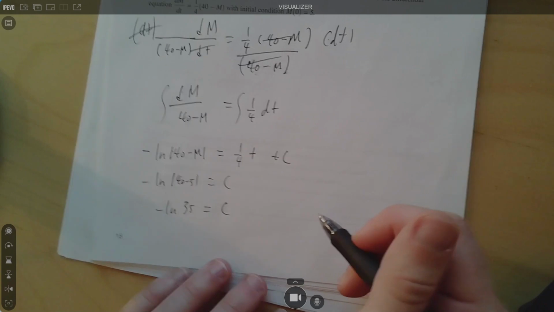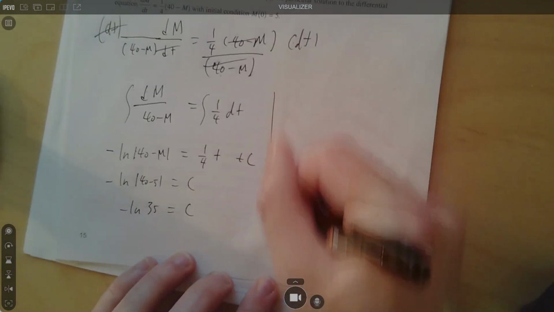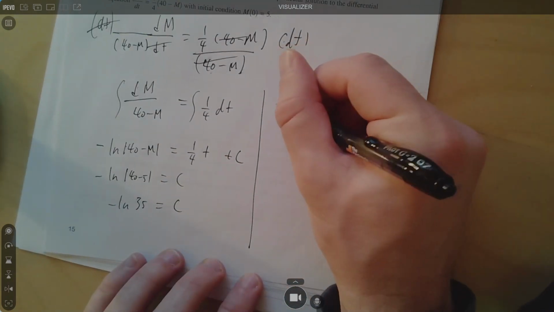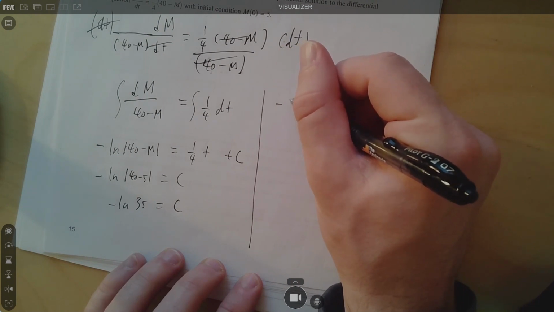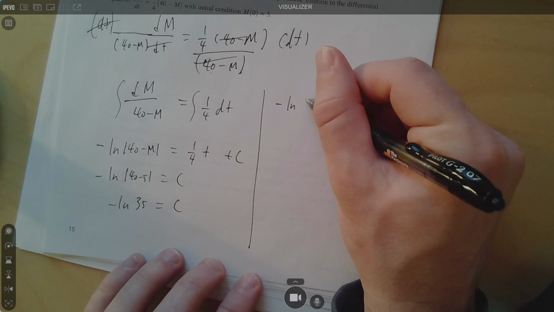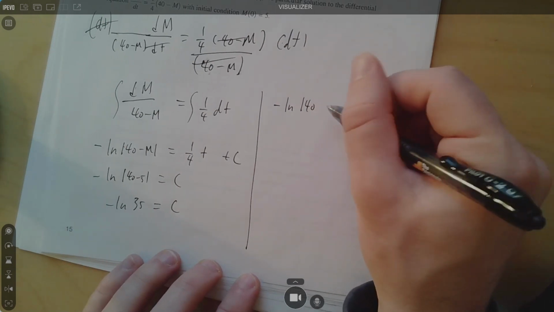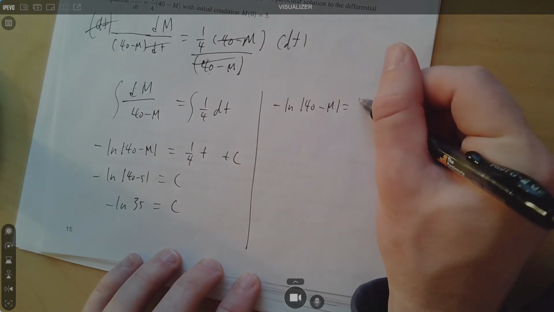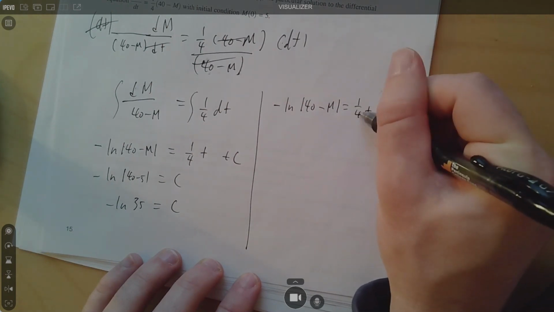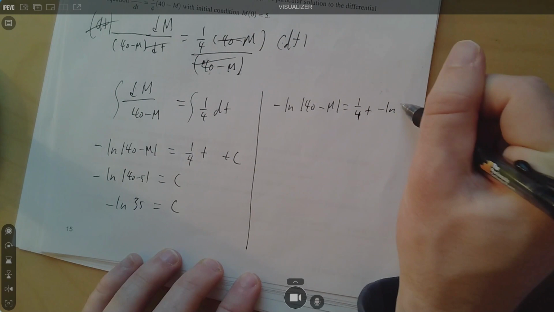So we'll say, come back over here, we're going to say negative ln of 40 minus m equals 1/4 t minus ln 35.